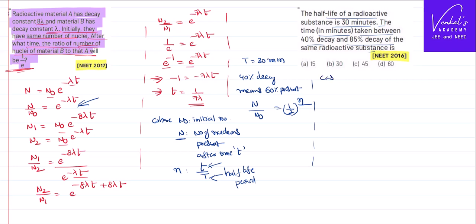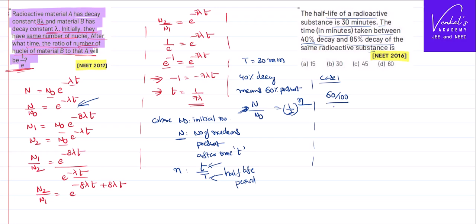In case 1, 40% decayed means the number of nucleons present is 60%, that is 60 by 100.